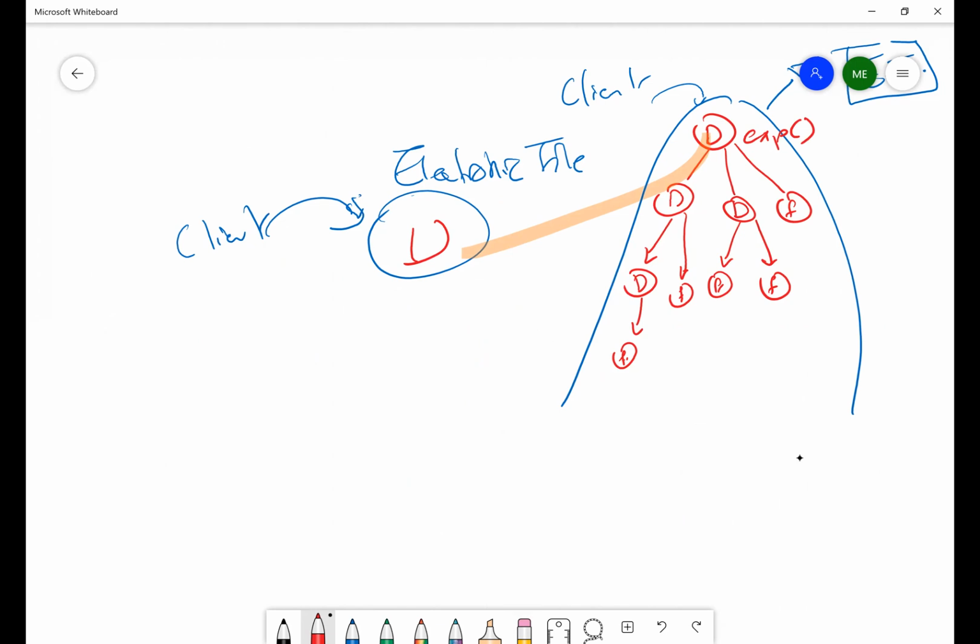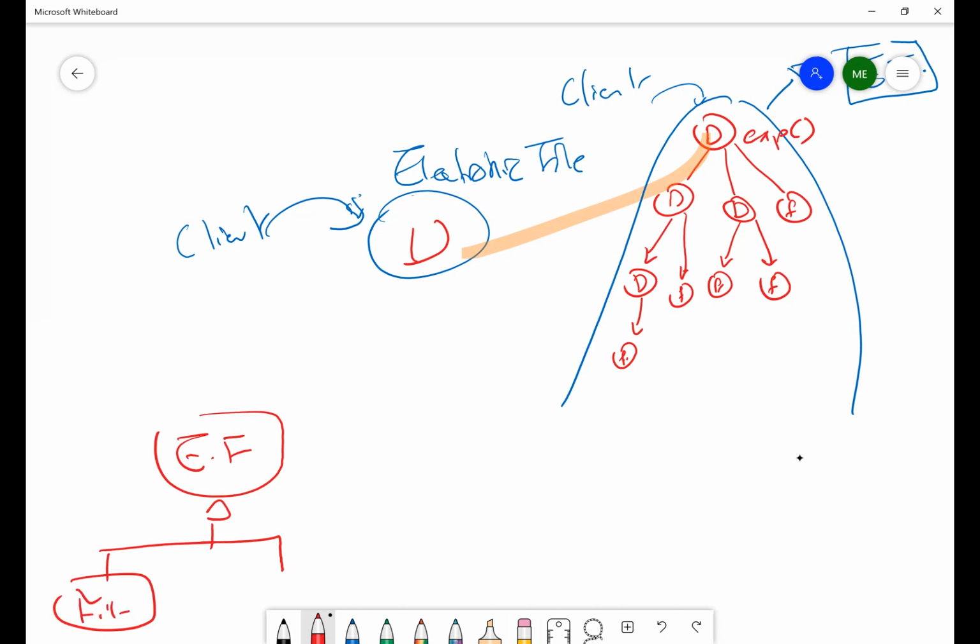So here we are. Let me just draw this over here. So those electronic files, we had a file and a directory. And then it says, go on, move on to the next one. Now, it actually doesn't know what the next one's type is.